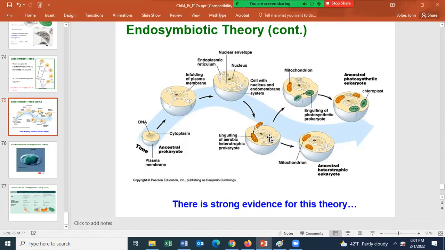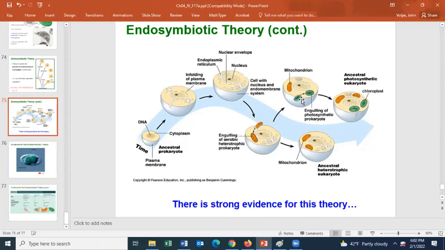And then for plant cells, this evolution of an organelle being taken up by the plant cell actually happened twice, because the mitochondria is in all plant cells, and then the chloroplast is in only the photosynthetic green plant cells.